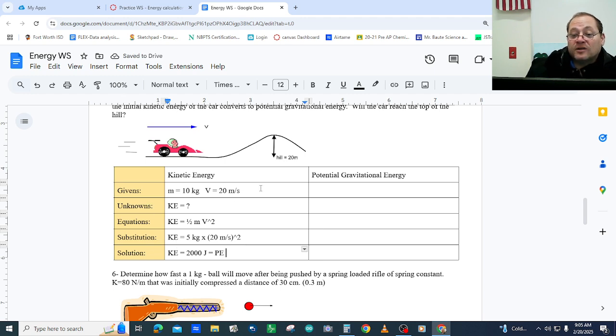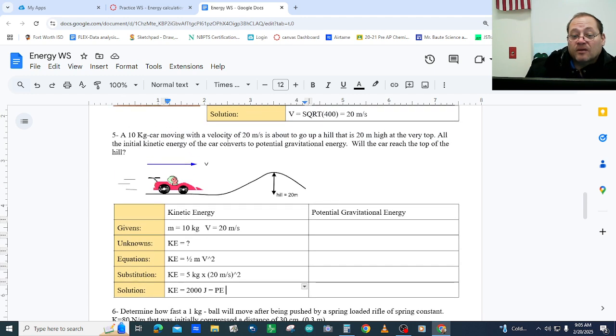So, because it says in the problem that the initial kinetic energy of the car converts to potential gravitational energy, that means that all these 2,000 joules of kinetic energy will be converted, or will be turned into potential energy as the car goes up the hill. The car will have 2,000 joules of energy available to go up the hill.